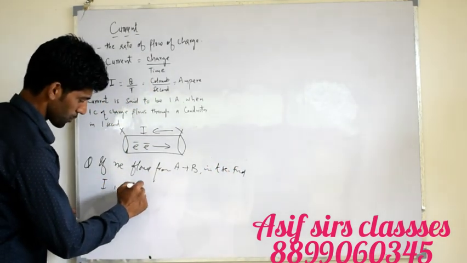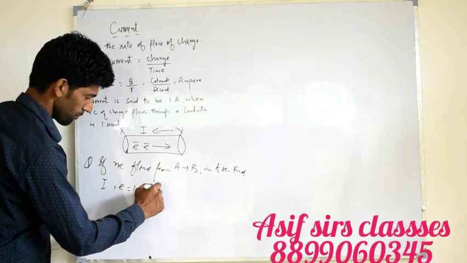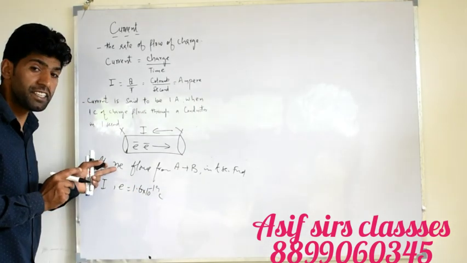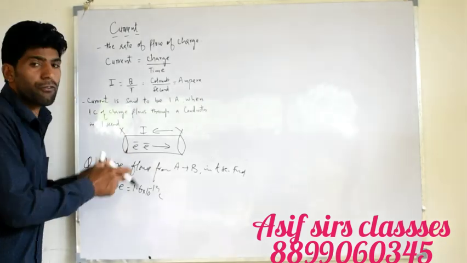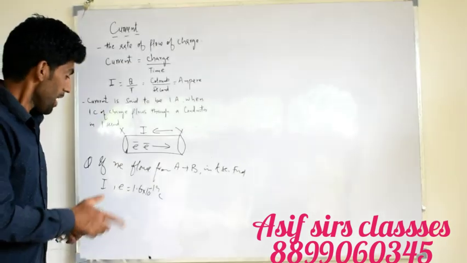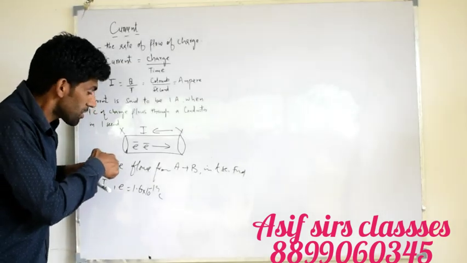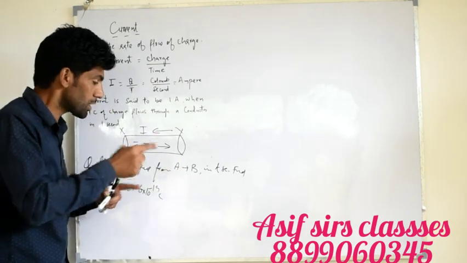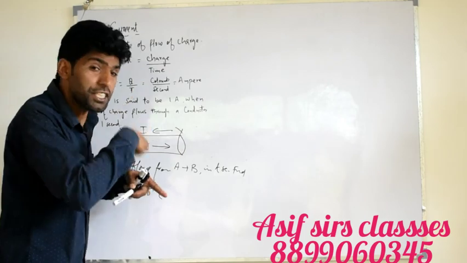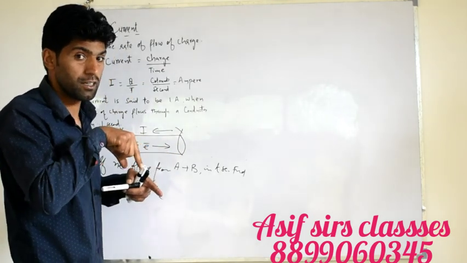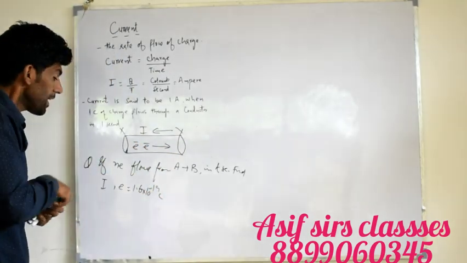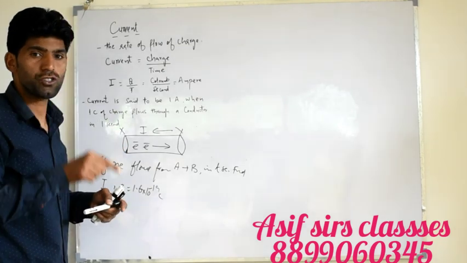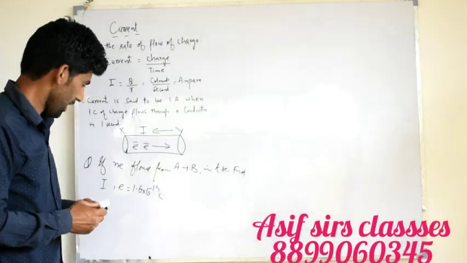Here e is given, that is equal to 1.6 times 10 to the power minus 19 coulomb. What is n? n means number of electrons. We have to find current.